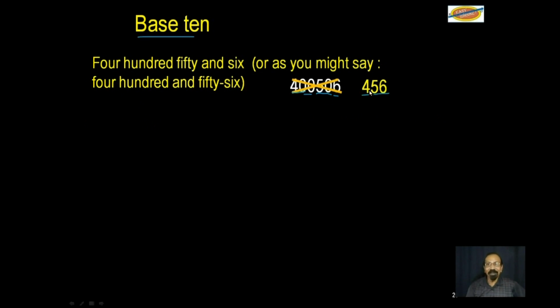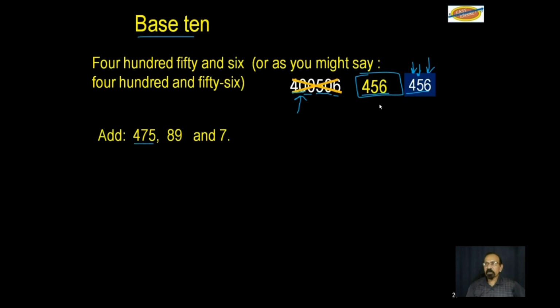Now, this does not look like the one we have over here, where you could actually see a 400, a 50, and a 6. But this is the way you write 456. So first of all, you write 4 in that 100 space, and then you write 5, which is the 50, in that tens position, and then you write 6 in the ones position. And so this is how you write 456.